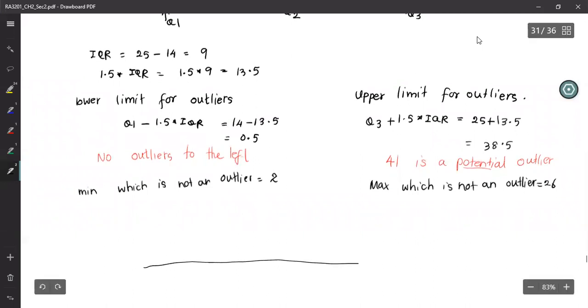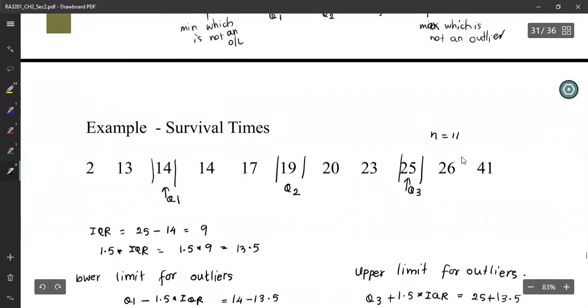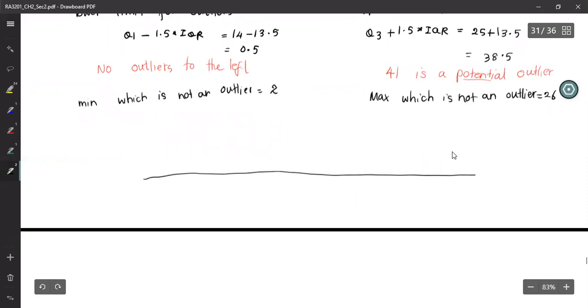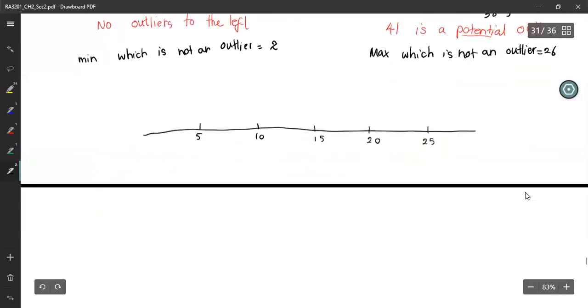Try to draw it in approximate scale. We have the values from 2 up to 41, right? Okay, so let's see. 5, 10, 15, 20, 25. Right. Start with the median, which is 19, somewhere here. Q1 and Q3, 14 and 25.